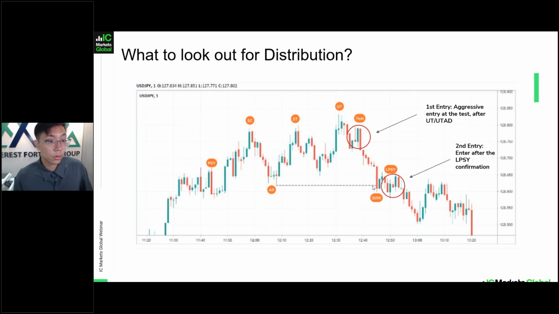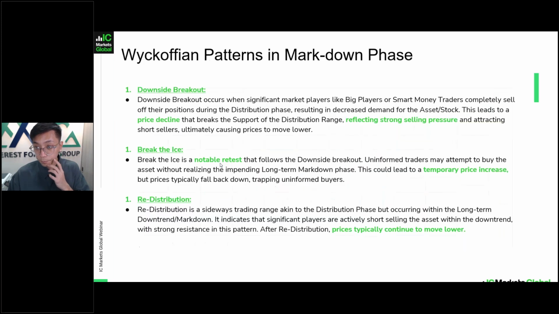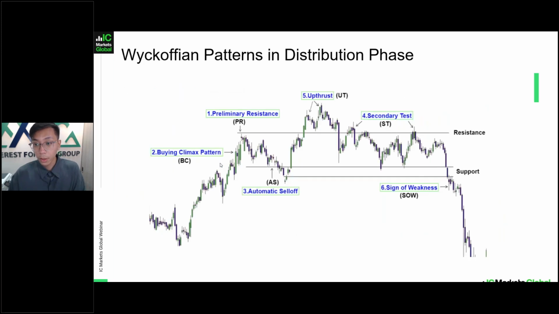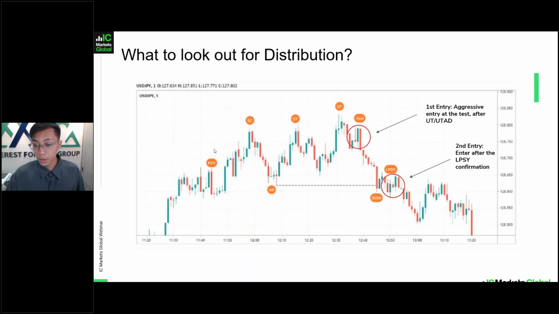Okay, so what to look out for: distribution, right? This should be BC, not SC, right? Your buying climax. And then what comes next? Right, your preliminary resistance. So this is around here.